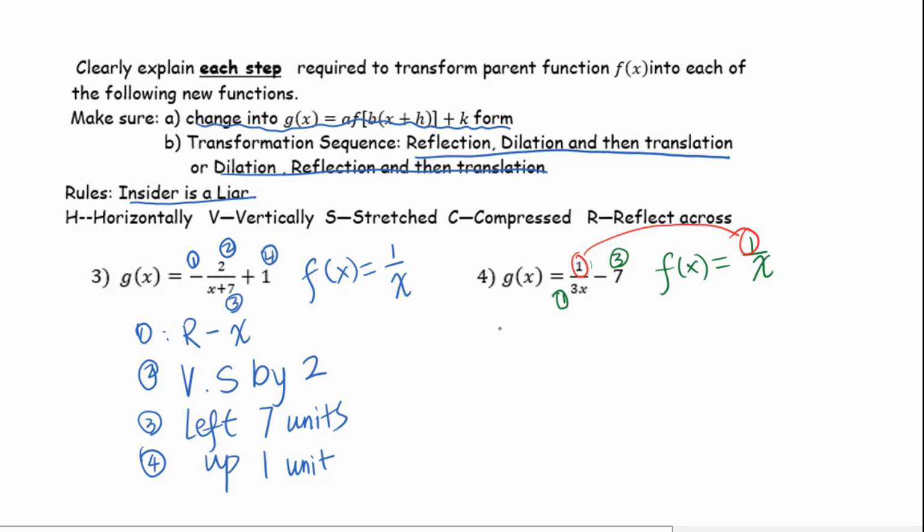So we'll only have 2 steps. First step, this 3 is an inside, horizontally compressed by a factor of 1 over 3. Remember, inside is a layer. Second step, translate down 7 units.